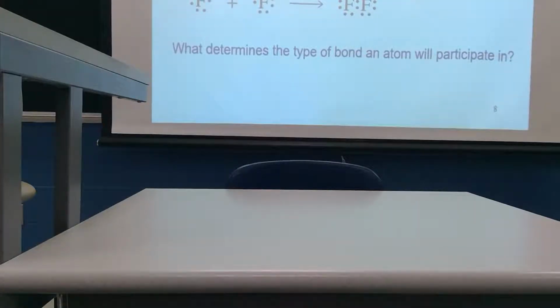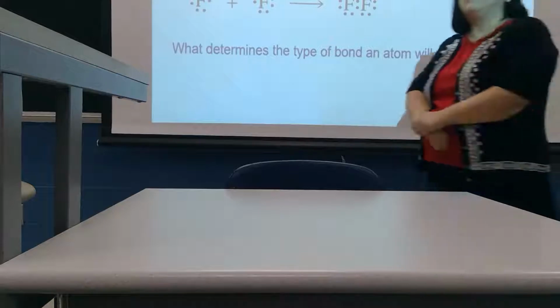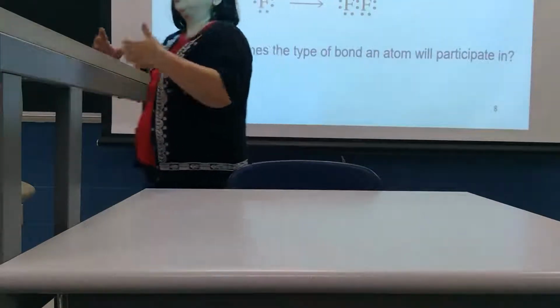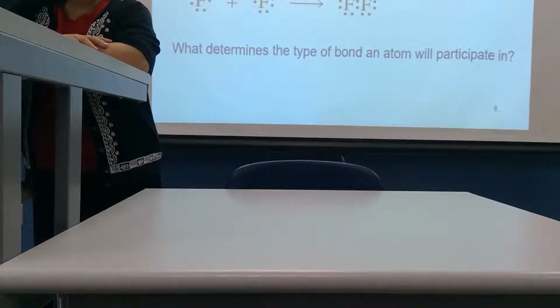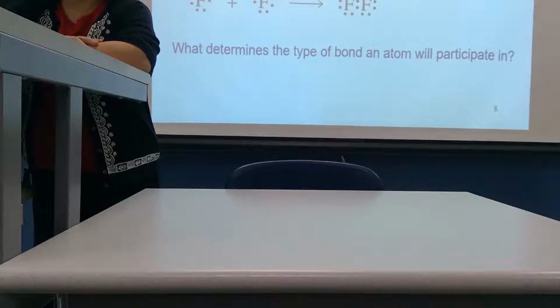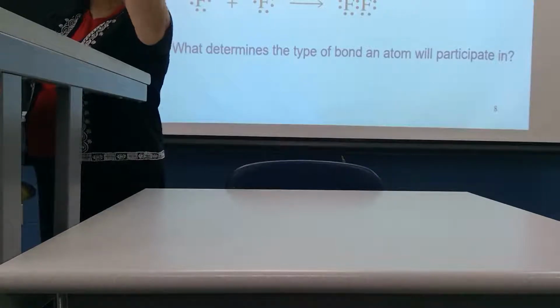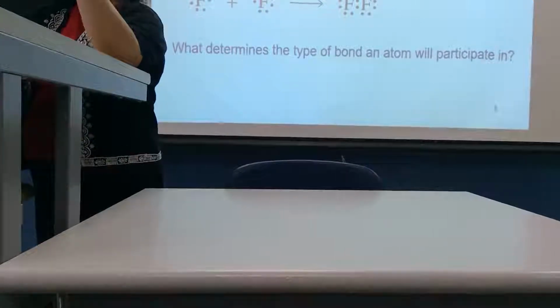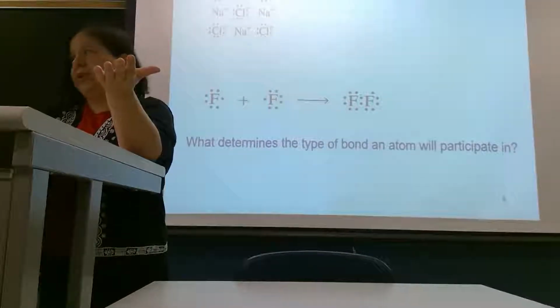So how will we know if we will have this bond or that bond? How will you know if electrons will be shared or transferred? We have to look at the periodic table. The periodic table will tell us if the elements are far away from each other, metal and non-metal, you know for sure that they will make an ionic bond.